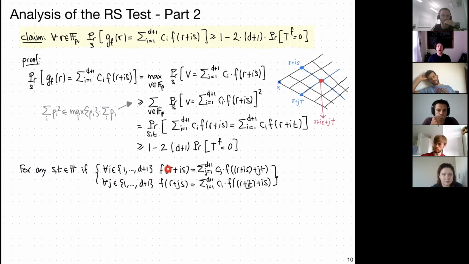We start with a point R, and we want to jump by a factor of S. So what we're doing here is we take the standard constraint that we have, and instead of applying it to a point R, I want to apply it to a point R plus iS. So what I get is the same constraint. It looks like a longer, uglier expression, but it's the basic constraint. Inside we also have this expression of the size R plus iS.